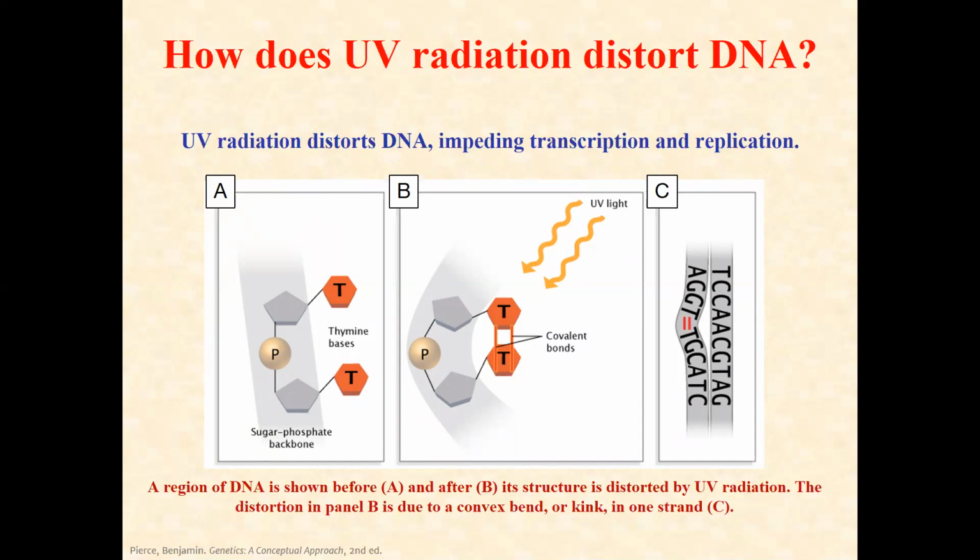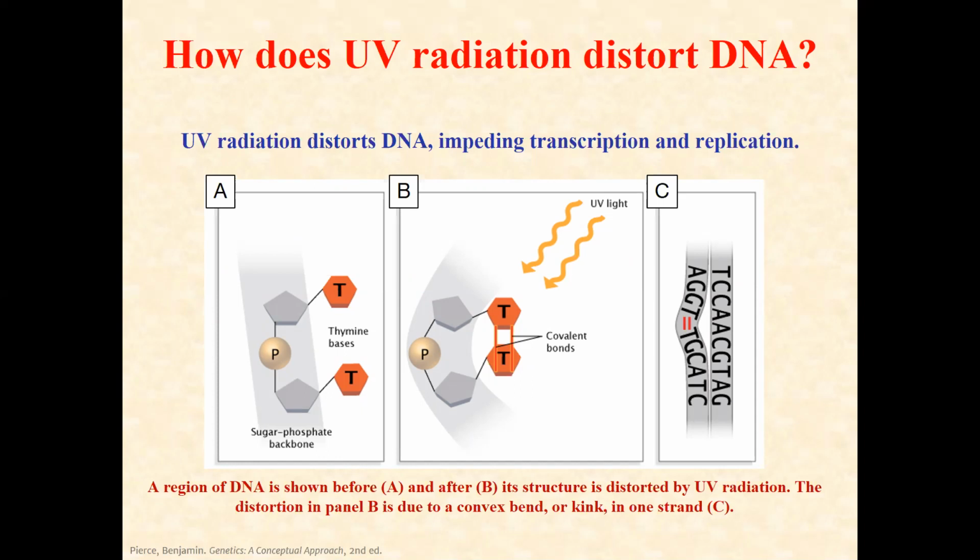UV radiation causes two types of DNA lesions, and both lesions distort the DNA structure, introducing bends or kinks and impeding transcription and replication. Relatively flexible areas of the DNA double helix are most susceptible to the damage. In fact, one hot spot of the UV-induced damage is found within a commonly mutated oncogene, which is called the P53 gene.